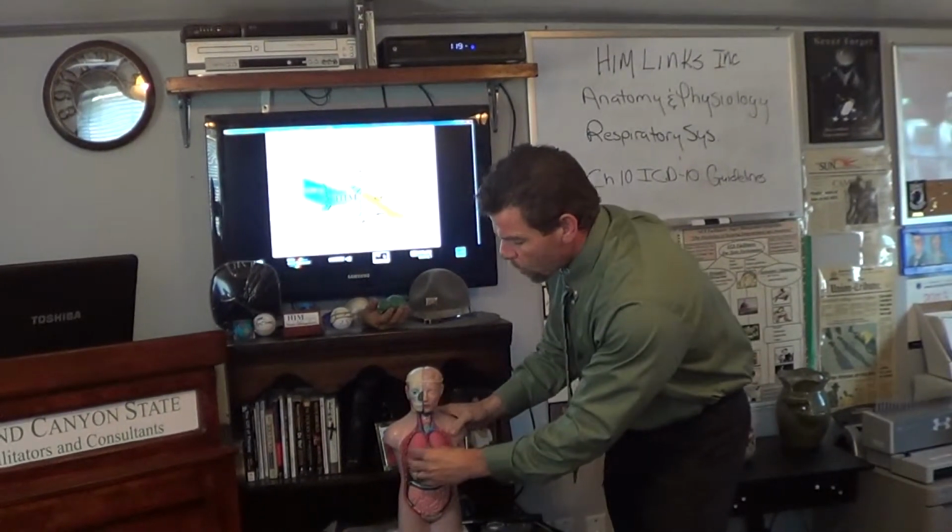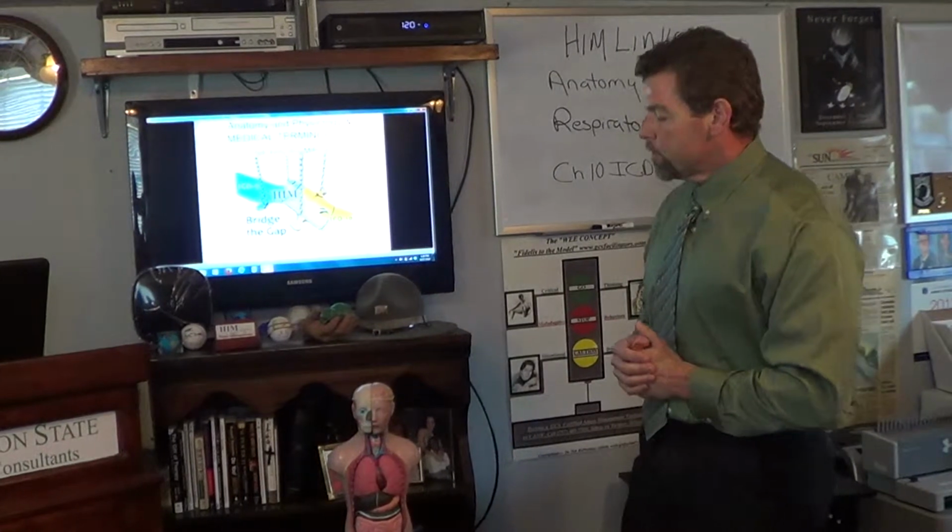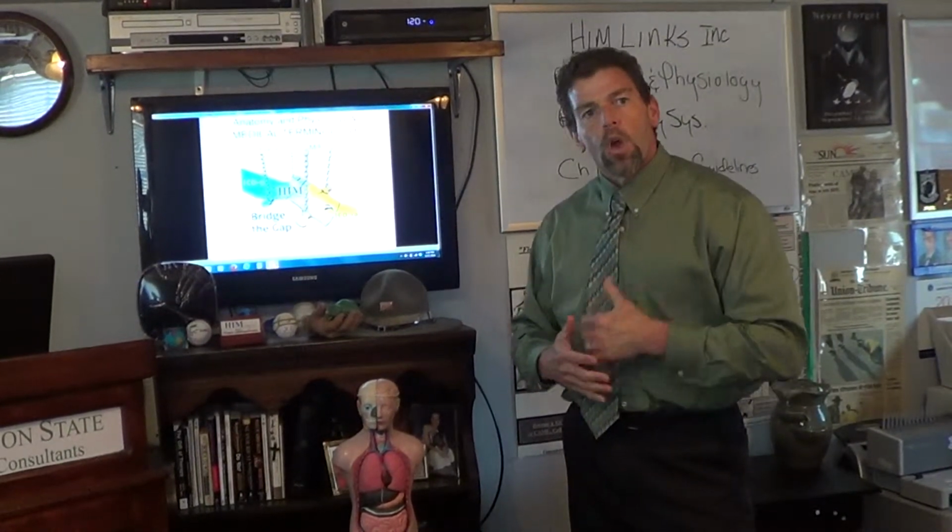Now, when we talk about the respiratory system, we're already mentioning that we get oxygen into the bloodstream, and we remove carbon dioxide from the tissues, which is carried through the bloodstream as well.